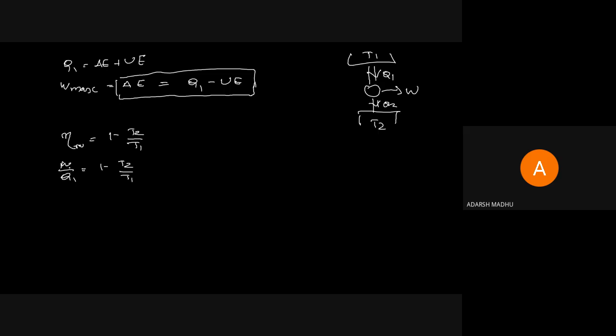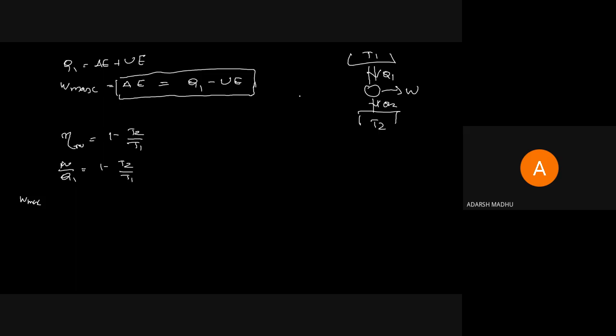So to obtain W max, at a temperature T2 by T1. T1 is here. Q1 is the initial amount of heat we are supplying. Unavailable energy is related to Q2.